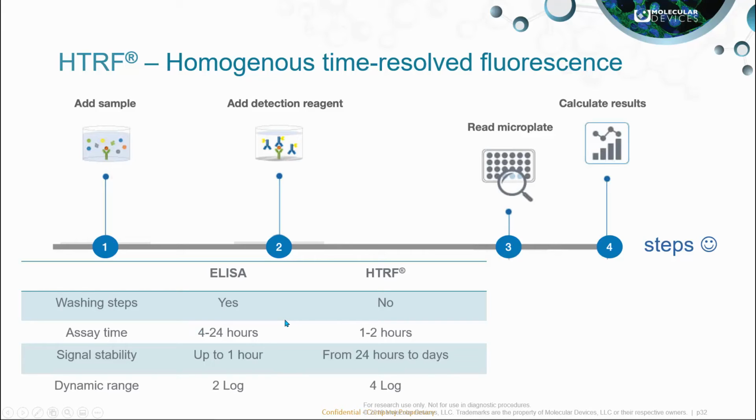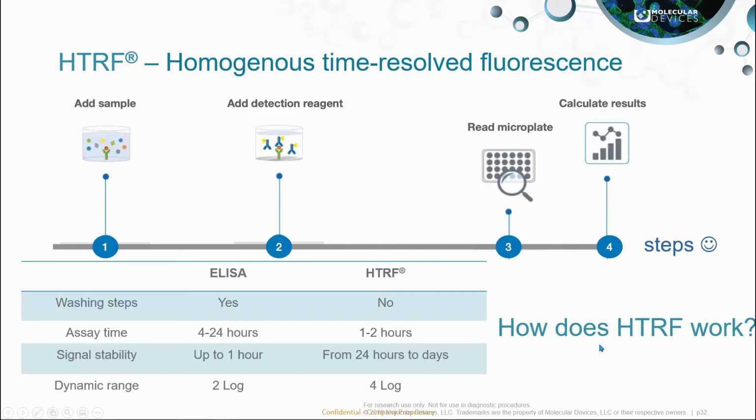Also, the signal stability is from 24 hours up to days, and finally, the dynamic range is up to 4 logs. The increased signal stability will allow you to go home and read the following morning, in case you finish an assay late in the afternoon. Finally, this workflow is only 4 steps, in comparison to the 8 steps in the case of the ELISA assay.